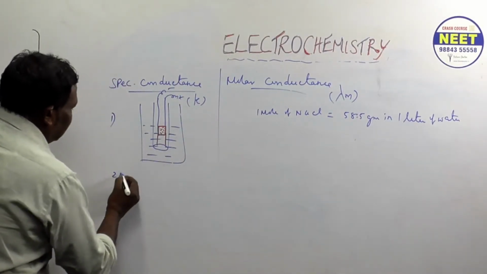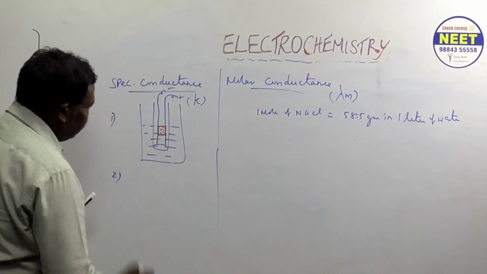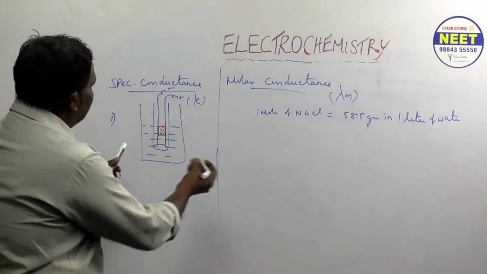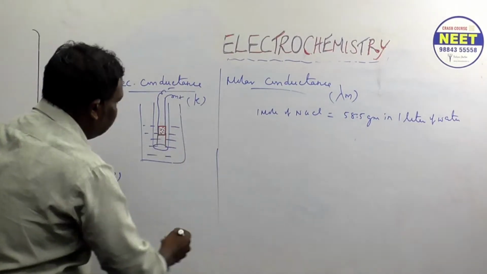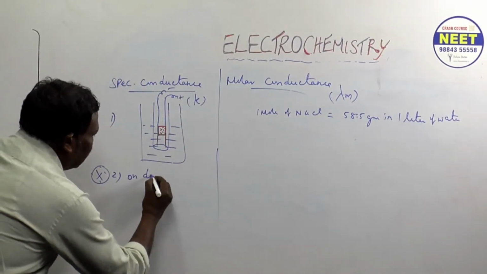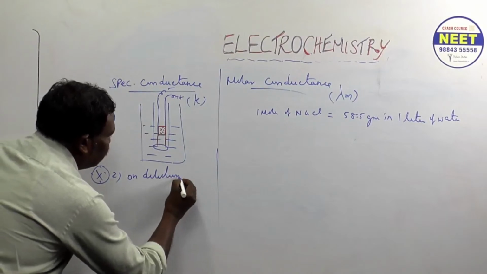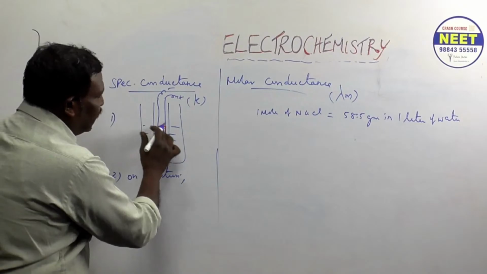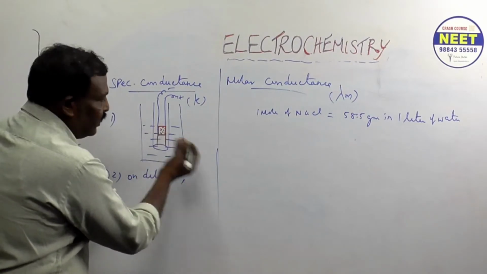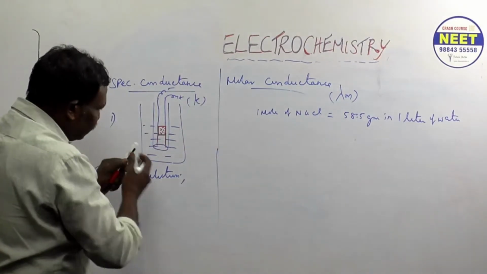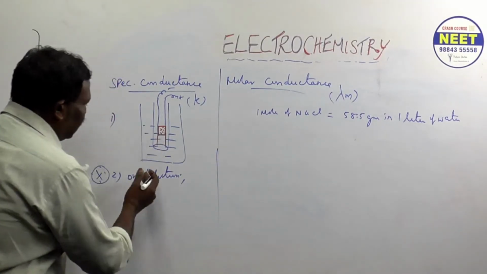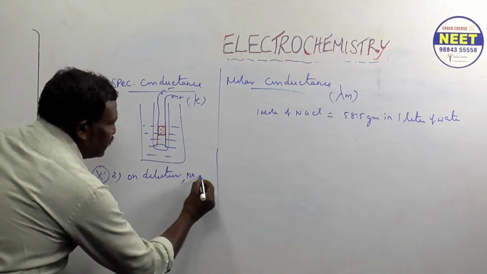This is the definition. Just study it, it's given very clearly in the textbook. This point only you keep in mind. Second point, on dilution, we are adding water. What happened? Suppose 10 ions are there in between. On dilution, the ions are split.